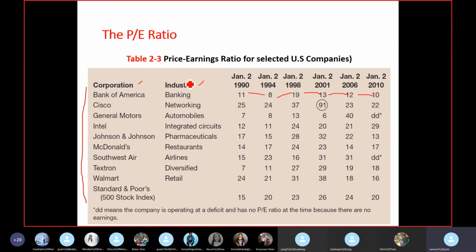Looking at the corporation Cisco, it is in the networking industry. The PE ratio in 2019 is 25, then 24, 30, 37, and then increases sharply to 91. If it increases like this, it means that the earnings per share, or profit, of this company is nearly zero.